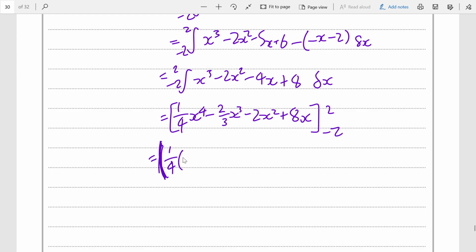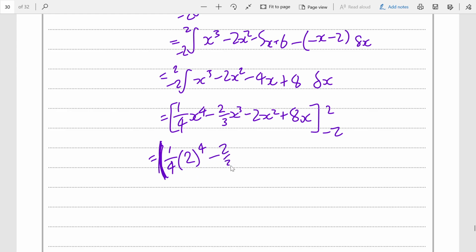So it'll be 1 over 4 times 2 to the 4, because these two numbers are the same. There's got to be something that'll happen to make this calculation less complicated, right? So 1 over 4 times 2 to the 4 and minus 1 over 4 times negative 2 to the 4 might cancel each other out. So I'm going to write one on top of the other and see which terms cancel out.